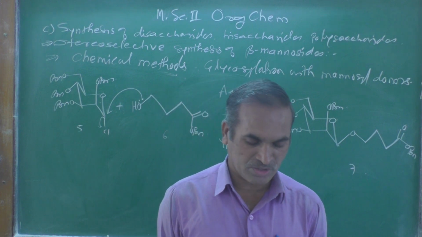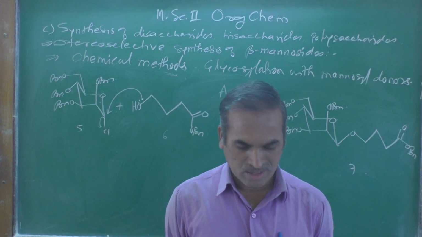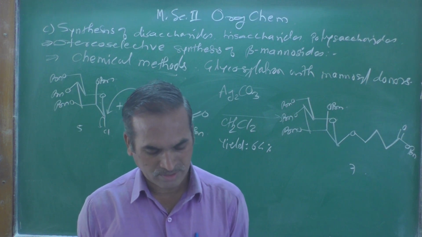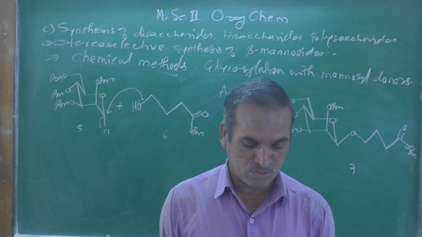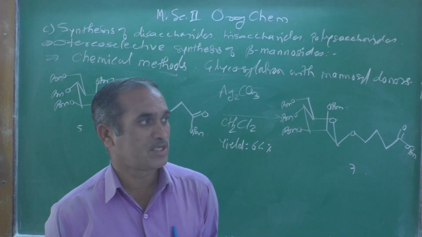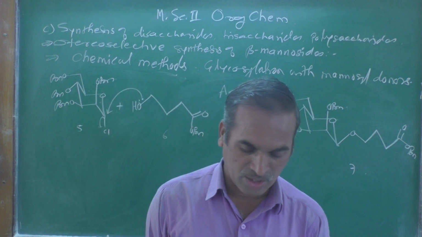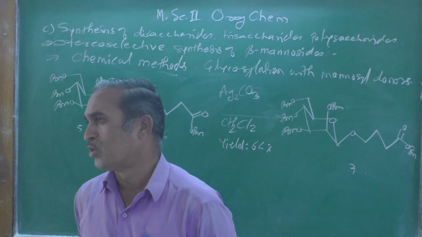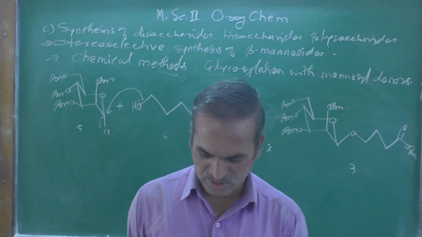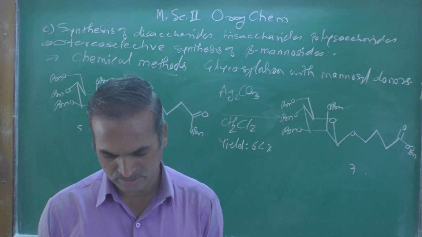Another one, the ester group, C double bond O CH3 group, is also introduced under acidic condition, H plus in presence of methanol, and it will be removed with very dilute sodium hydroxide. These are the things over there.